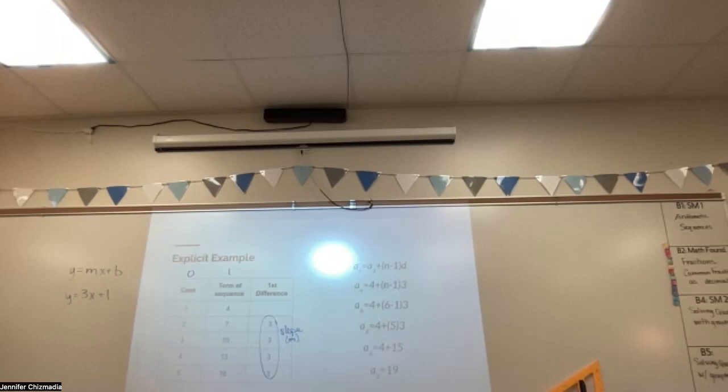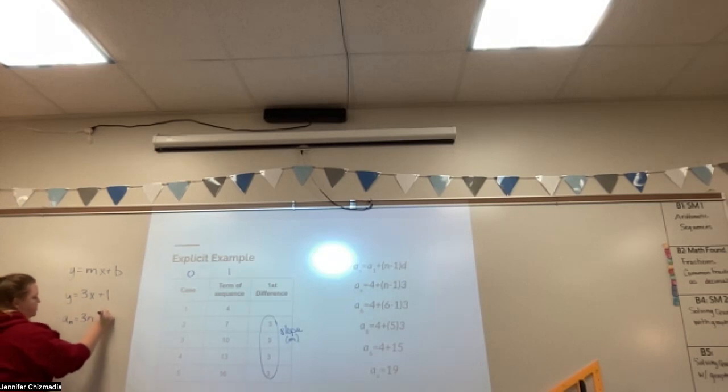So if you know the common difference and you can figure out what your term of your sequence would be for case 0, you can also do that. But when you write it, we can't leave it as y's and x's. Instead, it's a sub n equals 3n plus 1.